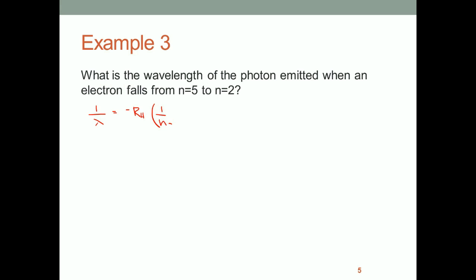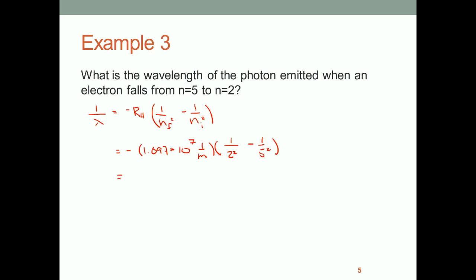The Rydberg constant is by definition 1.097 times 10 to the 7th with units of 1 over meters. Then 1 over n final squared minus 1 over n initial squared is going to be 1 over 2 squared minus 1 over 5 squared.